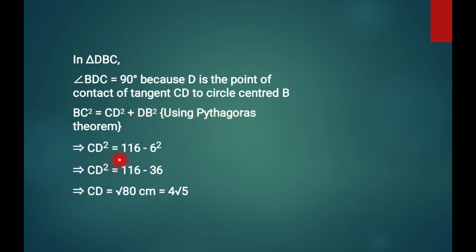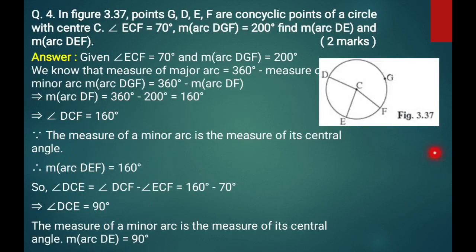So we write CD square equals to 116 minus this DB square as 6 square. So calculating this 116 minus 36, taking square root, we get CD equals to root 80. So this 80 can be written as 16 fives are 80. So we write square root of 16 as 4 and root 5 as it is. So in this way we solve question number 3.